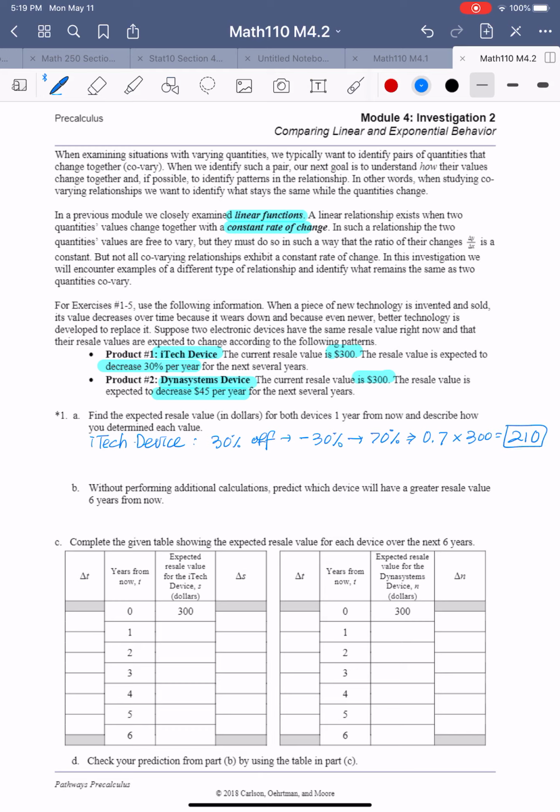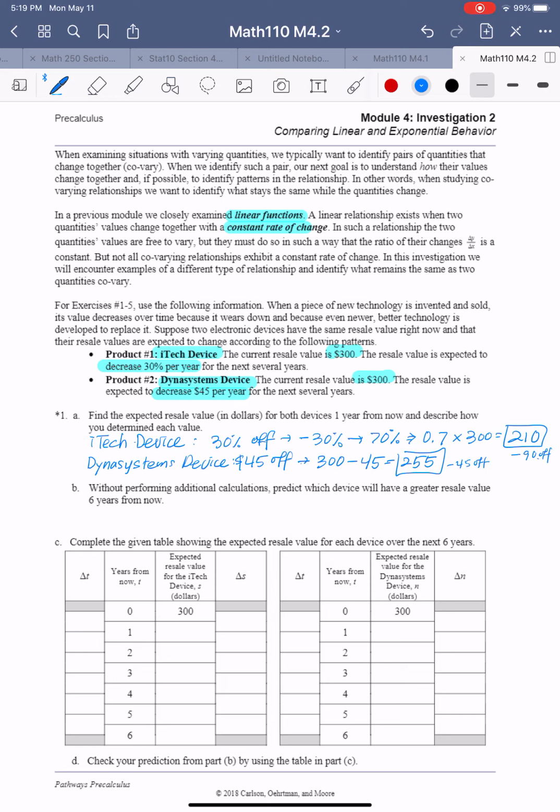For the Dyna Systems device, it's $45 off, so you just subtract 300 minus 45, and it becomes $255. So the iTech device is $90 off, and the Dyna Systems device is just $45 off.